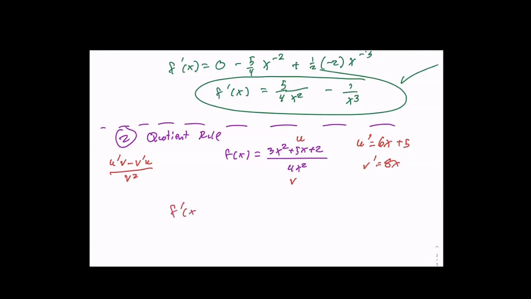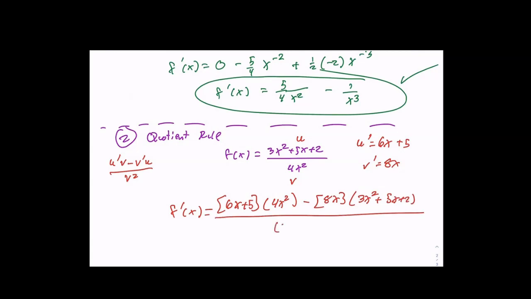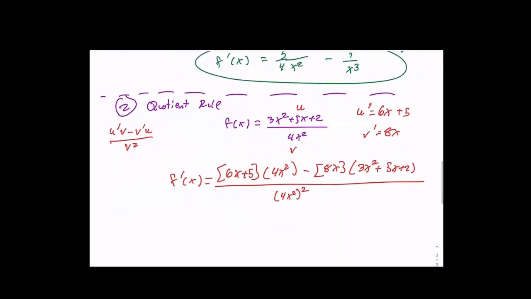So f prime of x equals u prime, so (6x plus 5) times v, 4x squared, minus, I always like to use brackets for my derivative just to note in my formulas, minus v prime, 8x, times u, 3x squared plus 5x plus 2, all over the denominator 4x squared, squared, all over v squared.